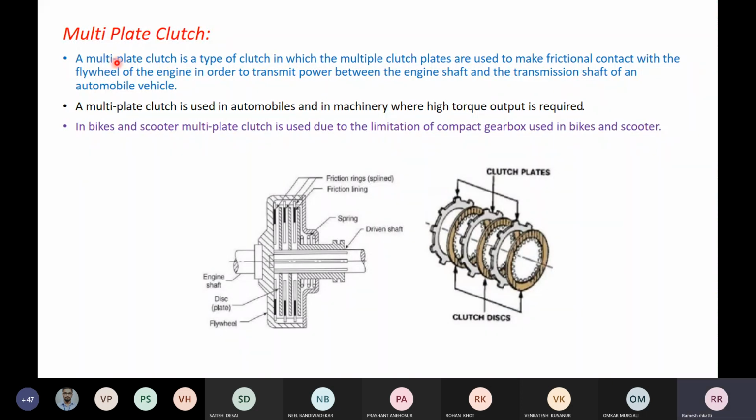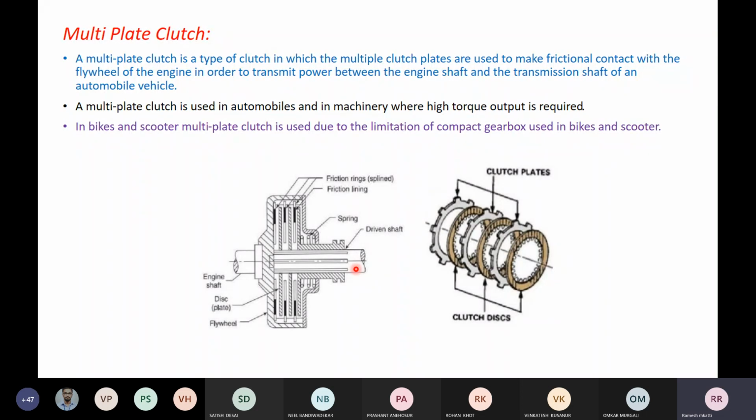A multi-plate clutch or multi-disc clutch is a type of clutch in which multiple clutch plates make frictional contact with the flywheel of the engine, in order to transmit power from the engine shaft to the gear shaft.